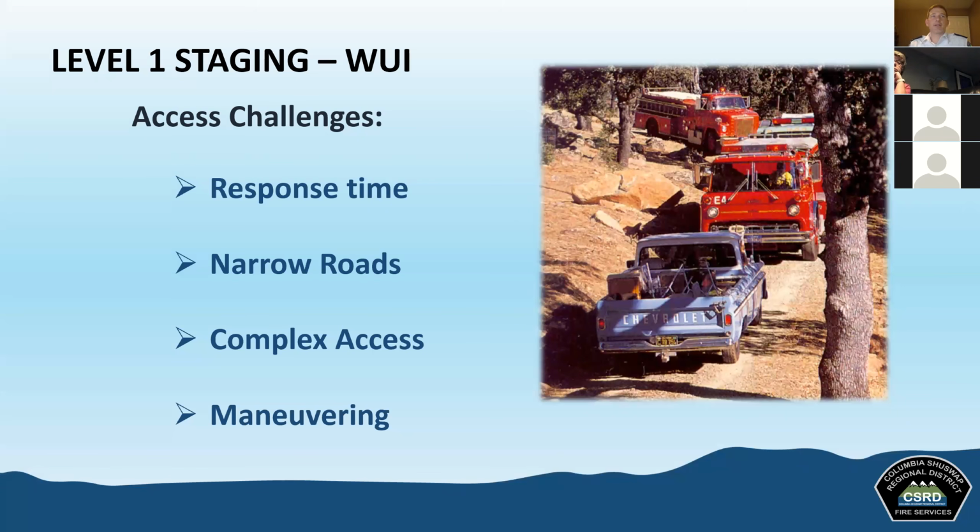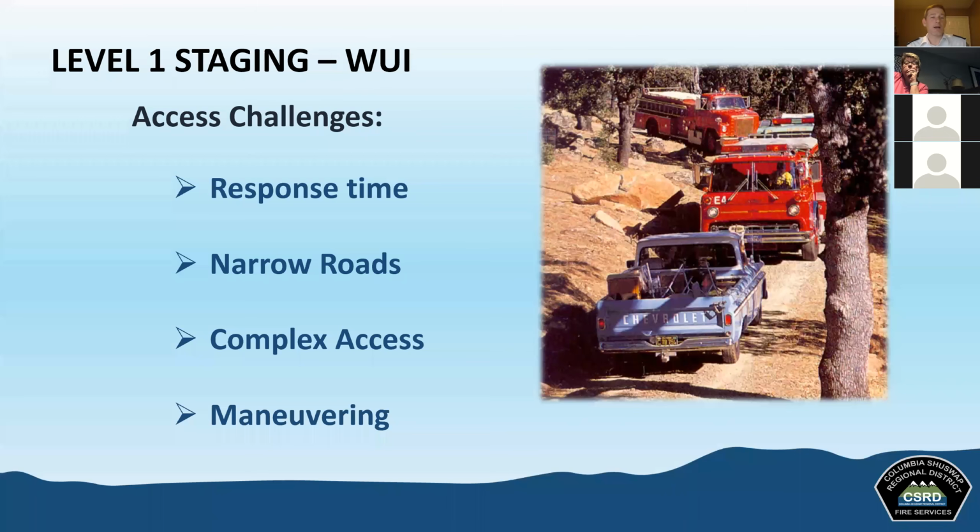So there are some access challenges with wildland urban interface. The response time can be very long, depending on where it's located. It could be out in the backcountry somewhere and take a while to get to. We're often dealing with narrow roads, could even be forestry roads, and having to drive a very large piece of equipment down them can be very difficult and complex.